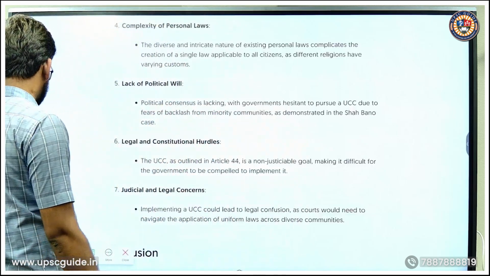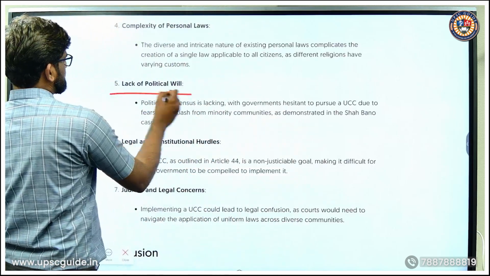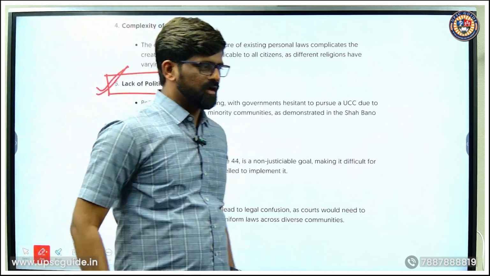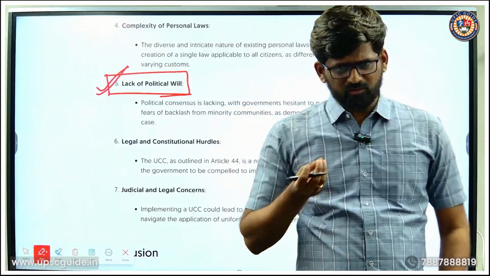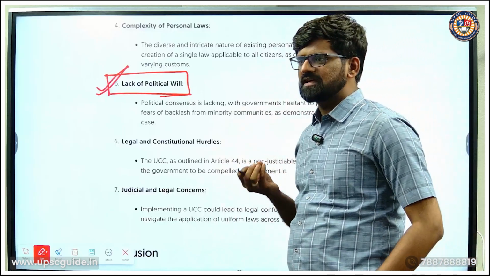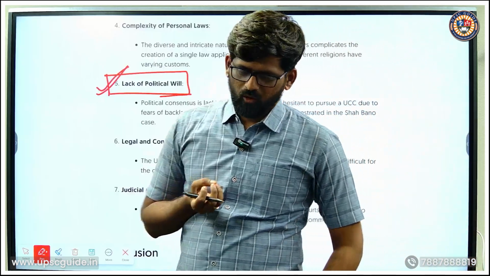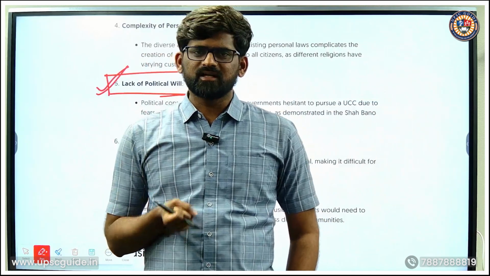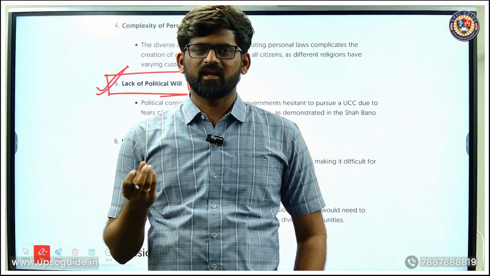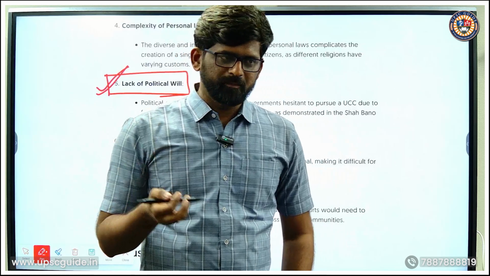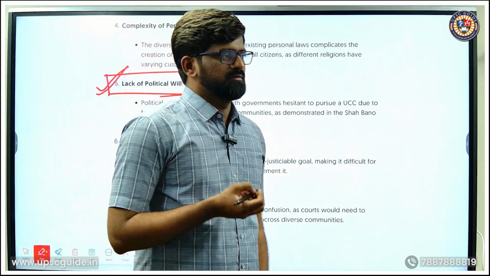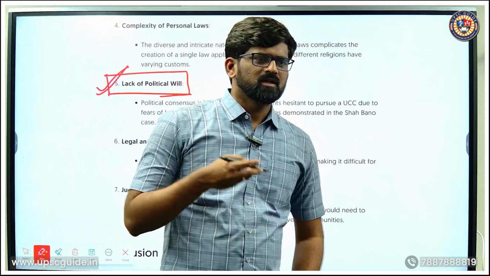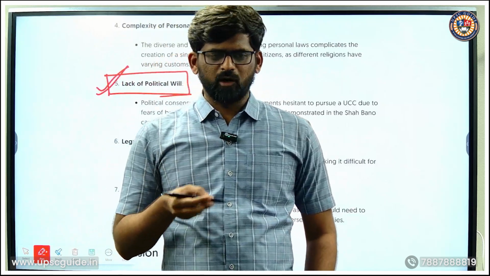Next, obviously, considering the political realities in India, religion is the most significant identity around which identity politics is carried out. So to implement the UCC, political will is required, and it is not only the political will of the government of the time.